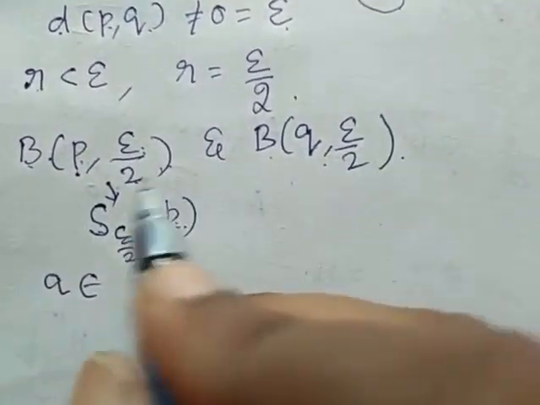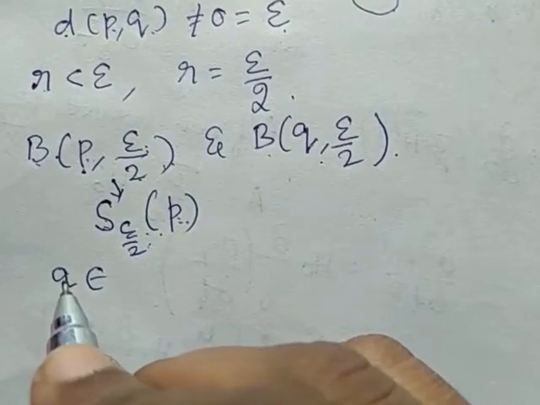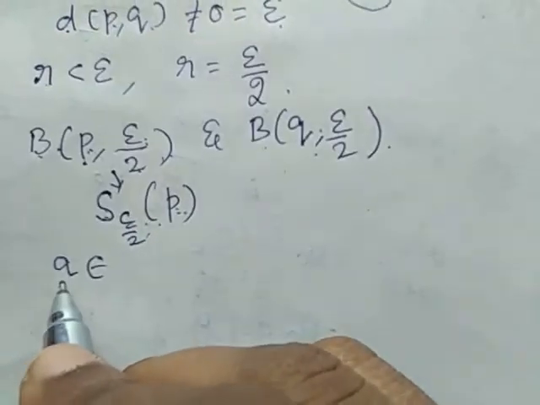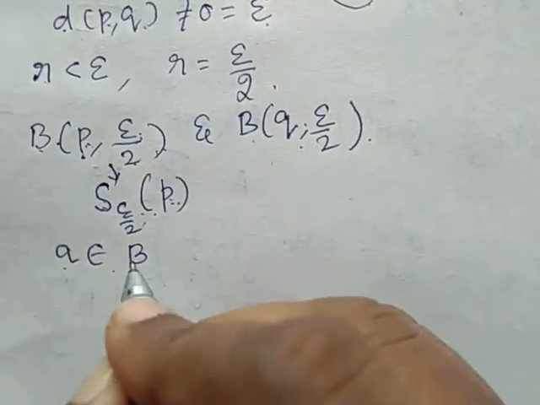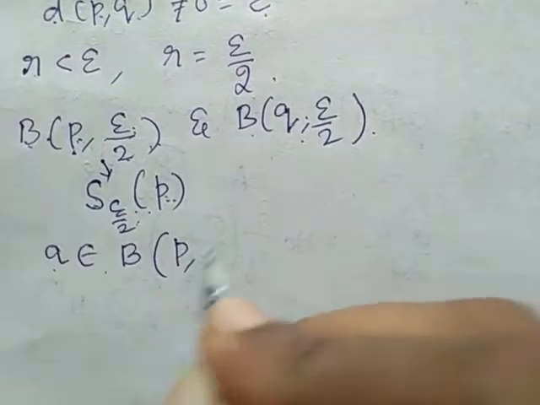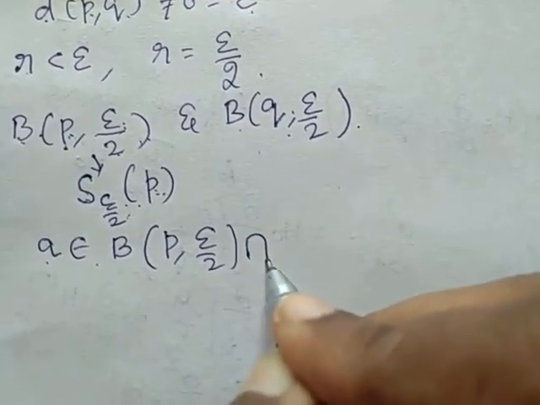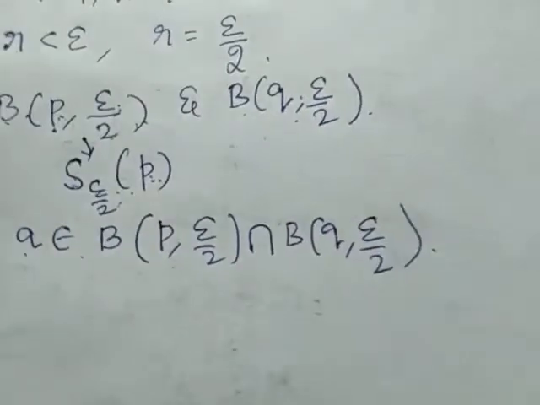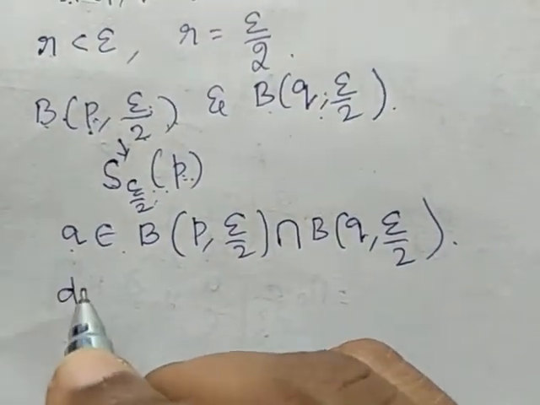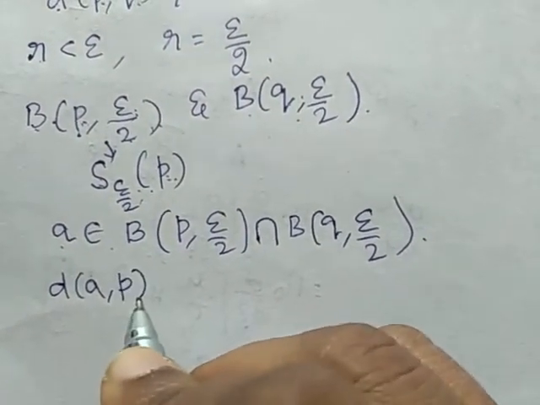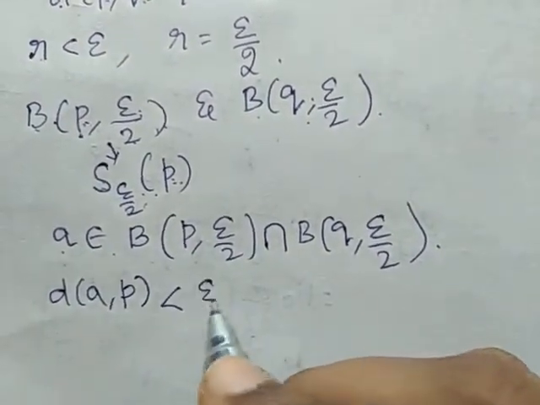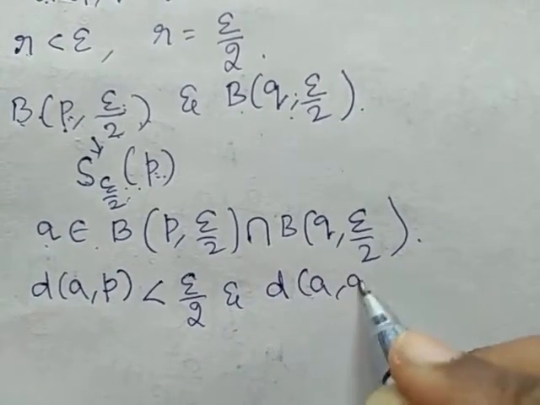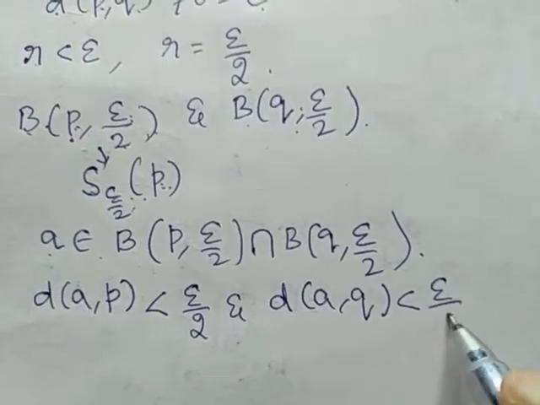So as a contrary, I am assuming there exists an element common between these two open spheres. Also, we have d of A comma P is less than epsilon by 2 and d of A comma Q is less than epsilon by 2.